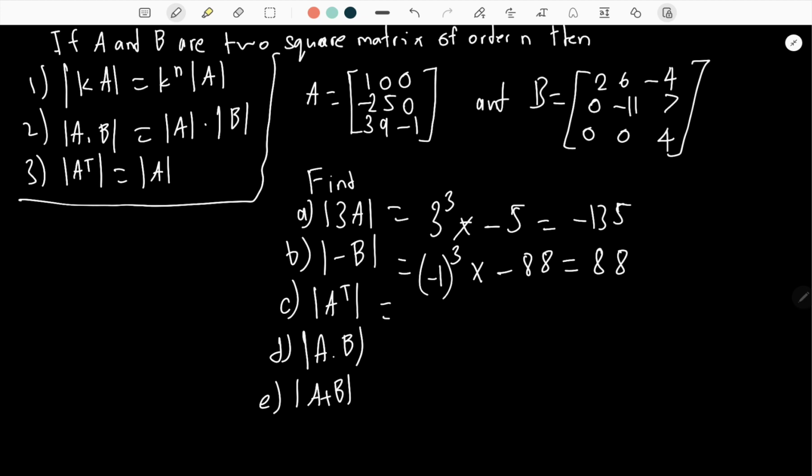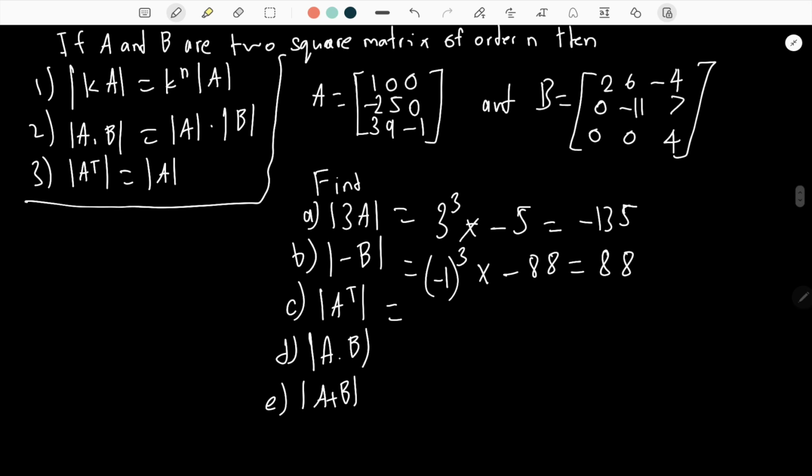Moving on, taking the transpose does not change the determinant. If you don't know what transpose means, let's say we have 1 2 3, 4 5 6, 7 8 9.